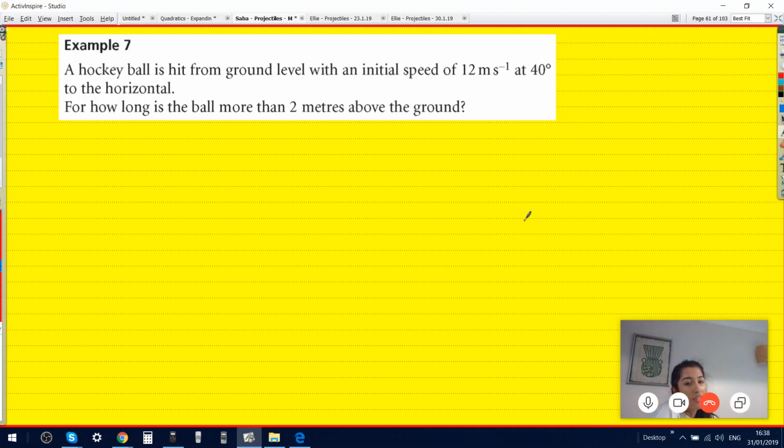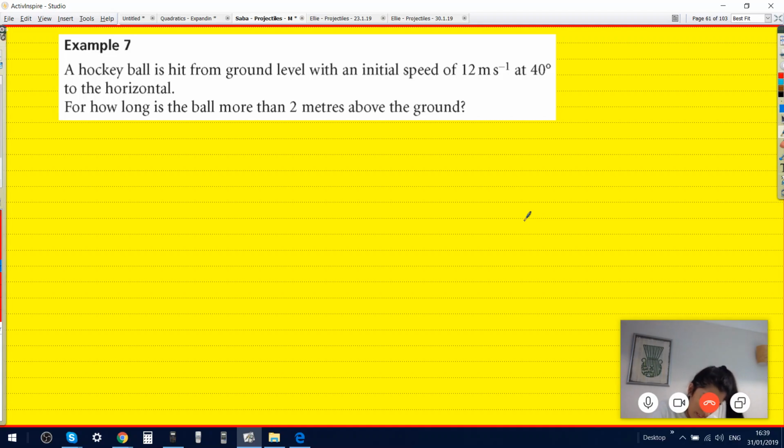A hockey ball is hit from ground level with initial speed. For how long is the ball more than 2 meters above the ground? Oh, it's just got hard. So we've got the particle going up at 12, angle 40, and then it comes back down.